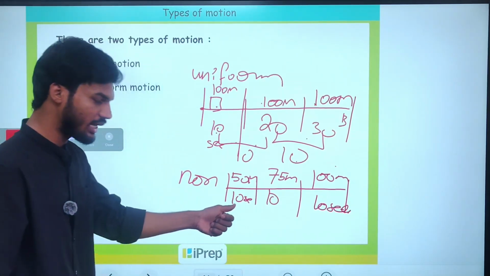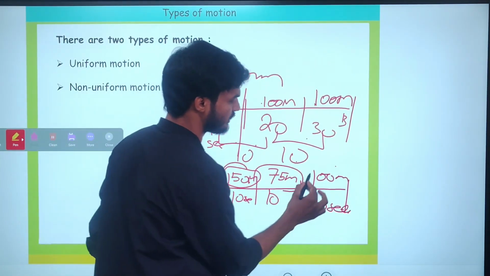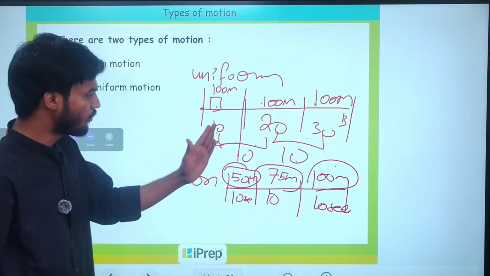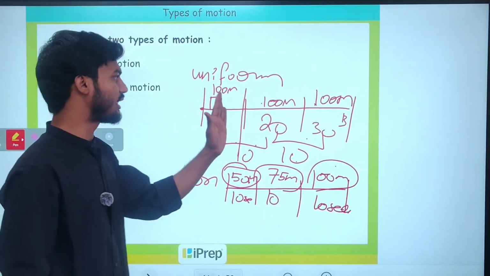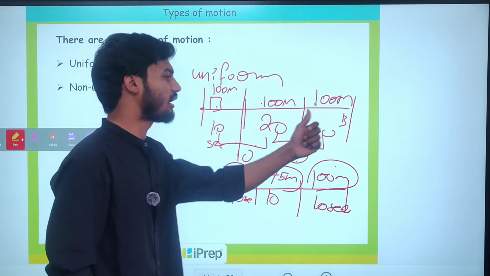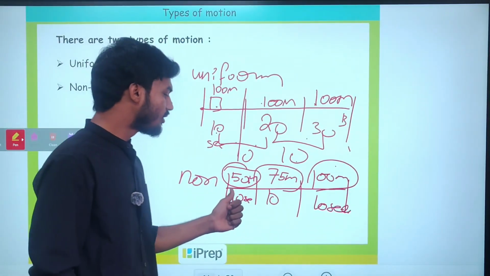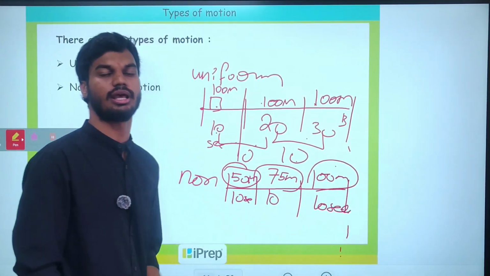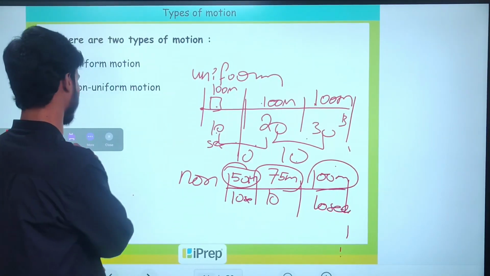So with respect to time, the distance was changing. That is known as non-uniform motion. Simply, uniform motion means the body travels the same distance in equal intervals of time, and non-uniform motion means the body travels unequal distance in equal intervals of time.